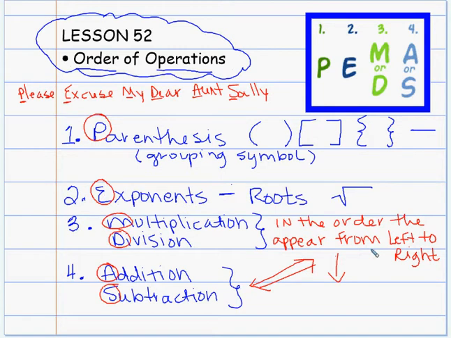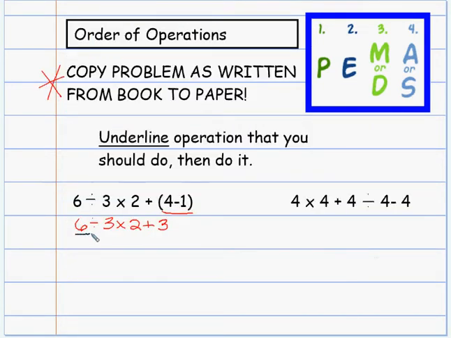We do them from left to right. So, oh look, division comes first. That's okay. We need to do that first. So what is 6 divided by 3? That is 2 times 2 plus 3. Do you see how I'm just writing down everything that isn't underlined, that's still in the problem?